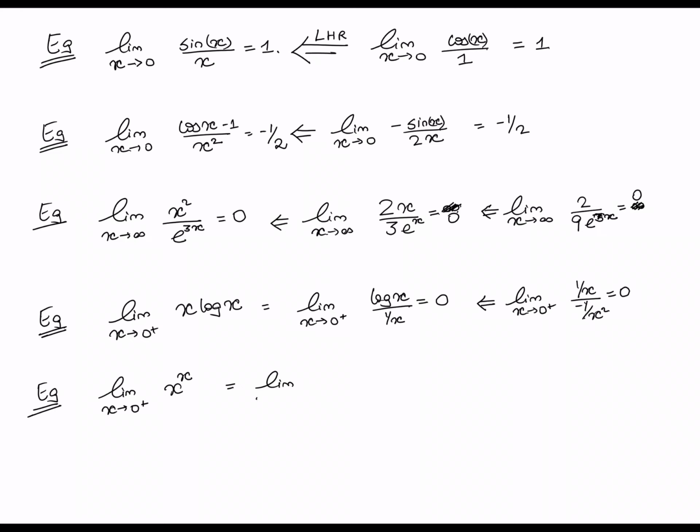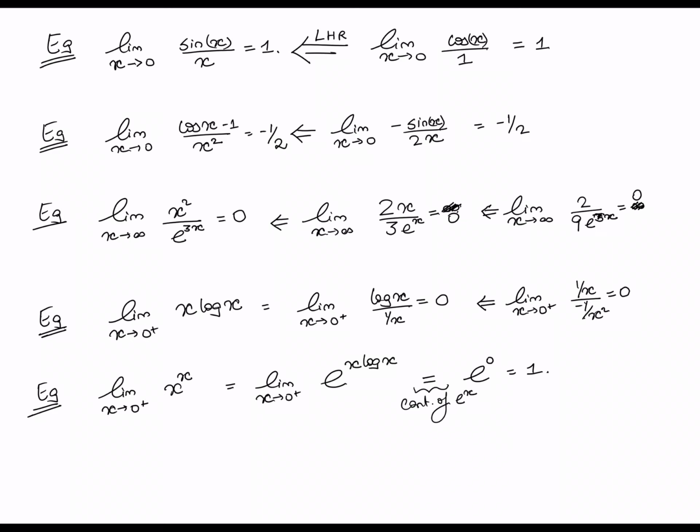I'm going to rewrite it as follows: limit x tends to 0 plus of e raised to x log x. Note that whatever is in the exponent, x log x, we know just from the previous example tends to 0. So that plus the continuity of the exponential function implies that this limit is going to be e raised to 0, which is 1. This follows from the continuity of e raised to x.